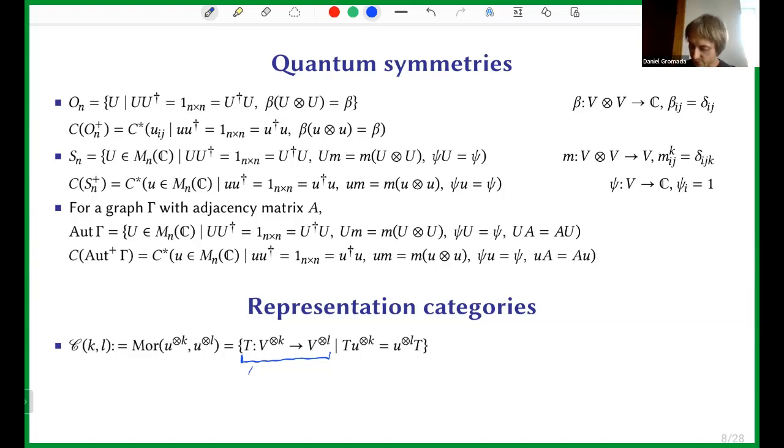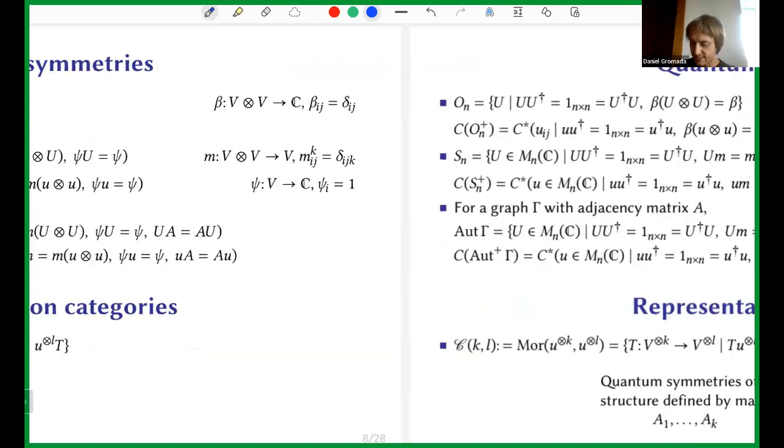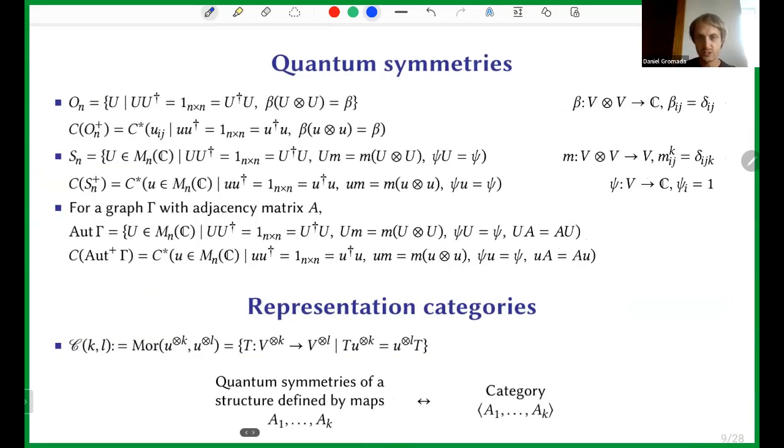So this is a category, and conversely, if you start with a monoidal category with some axioms, you can reconstruct the quantum group. So if you want to study quantum symmetries of something, or ordinary symmetries of something, instead of studying the group or the quantum group, you can just study the category. And what kind of category is that?